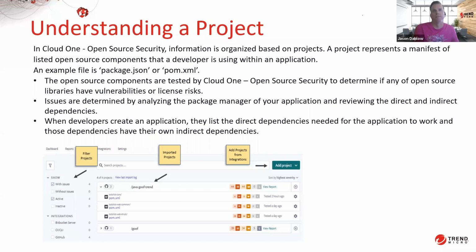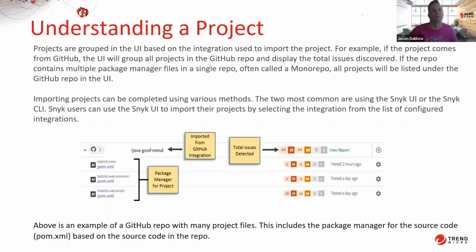For example, say you are bringing in a dependency like Apache. But Apache also has additional dependencies that it needs to run, and that's what represents the indirect dependencies within a particular environment.